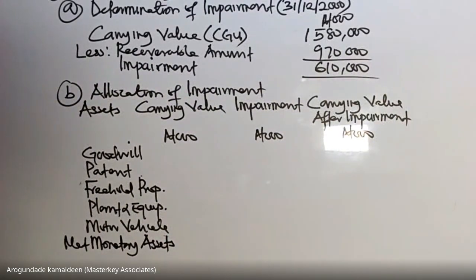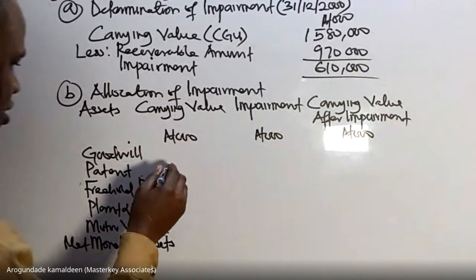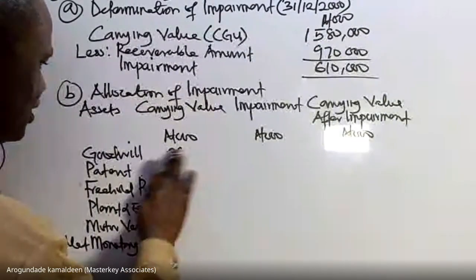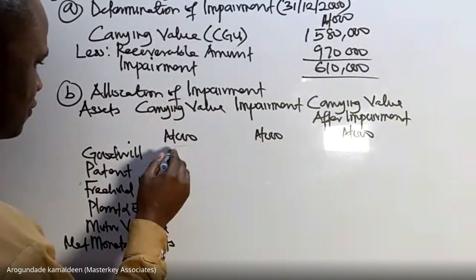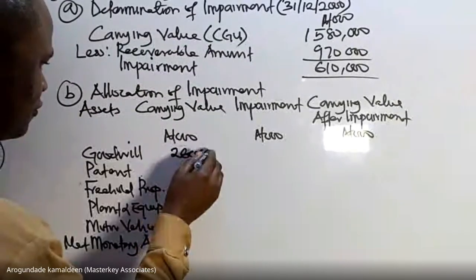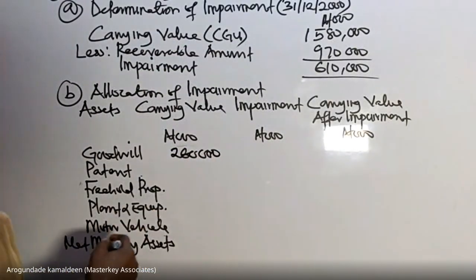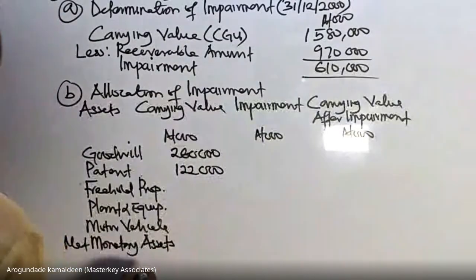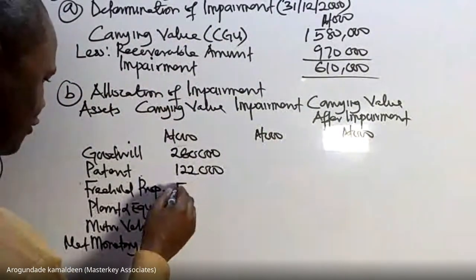So now the initial value: for the goodwill is 260,000. For the patent is 122,000. Freehold is 549.